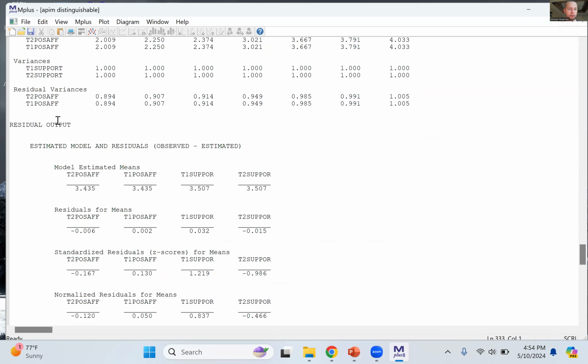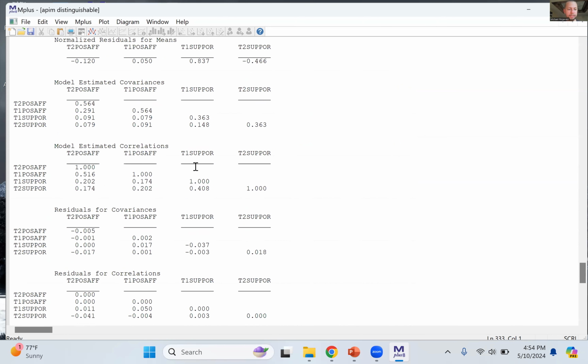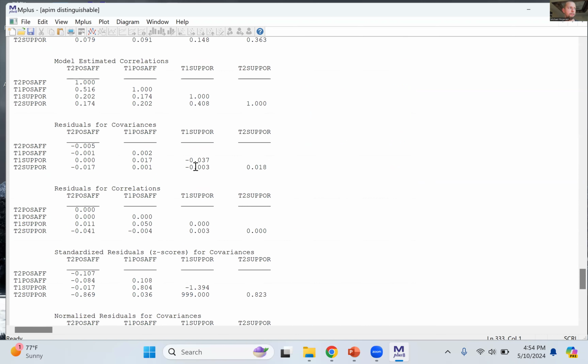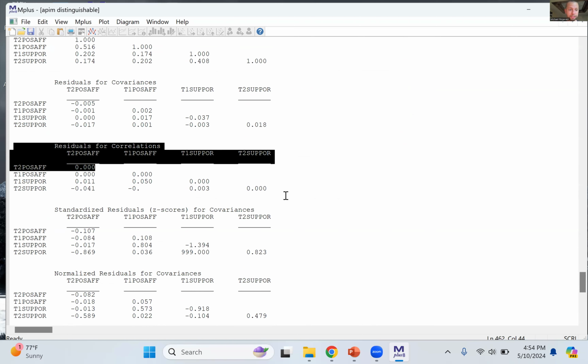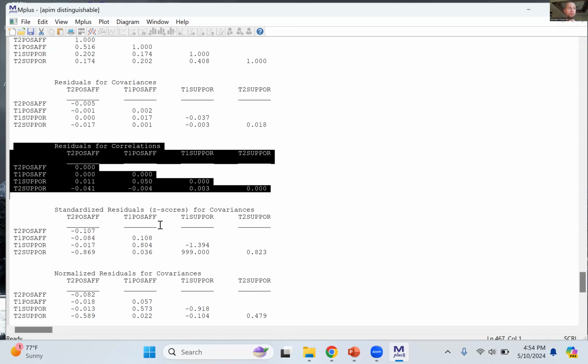And then we have our residual output. And so here, we have a good fitting model above, so I don't anticipate seeing anything really all that meaningful down below. But essentially what I do is I look at the residuals for correlations to see whether or not my parameters are being overestimated or underestimated.